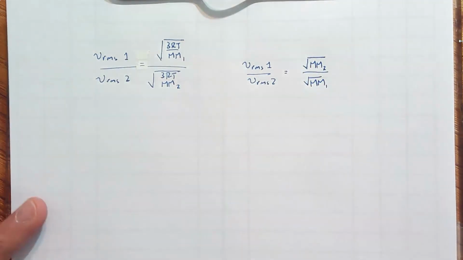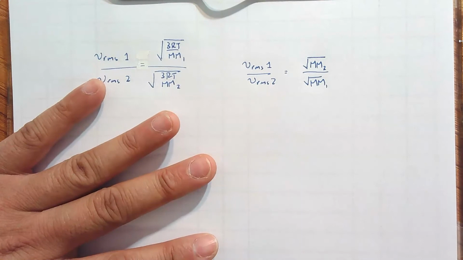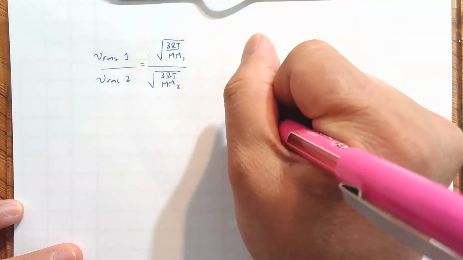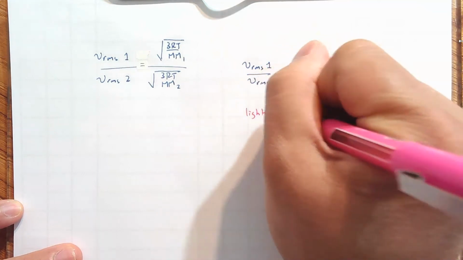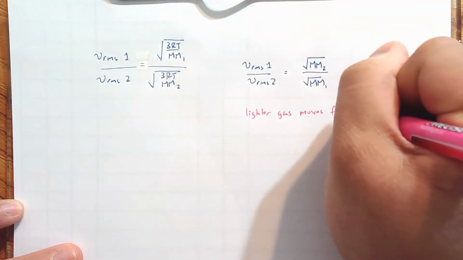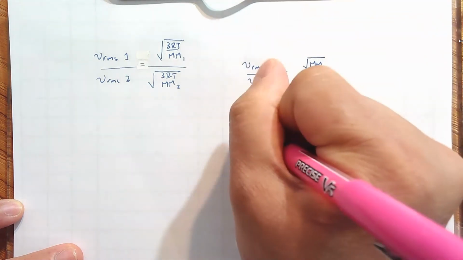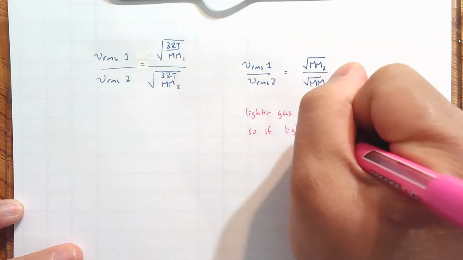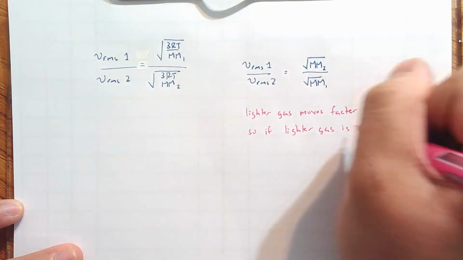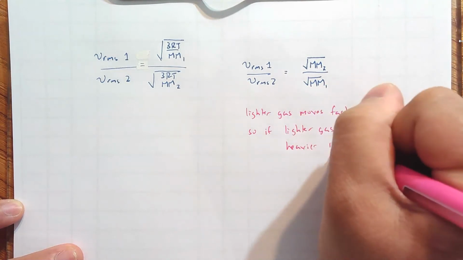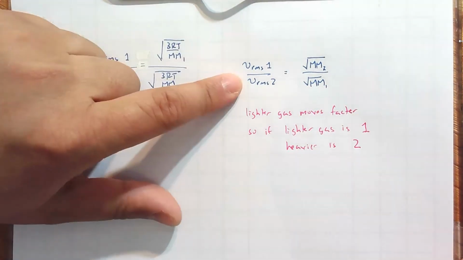And then let's think if that's true. Because we said that the lighter gas moves faster. So if, let's say, the lighter gas is 1 and the heavier is 2, does this make sense?